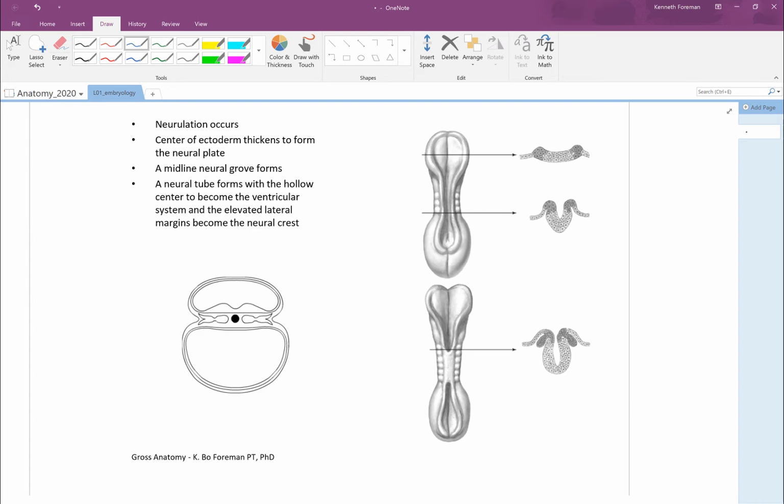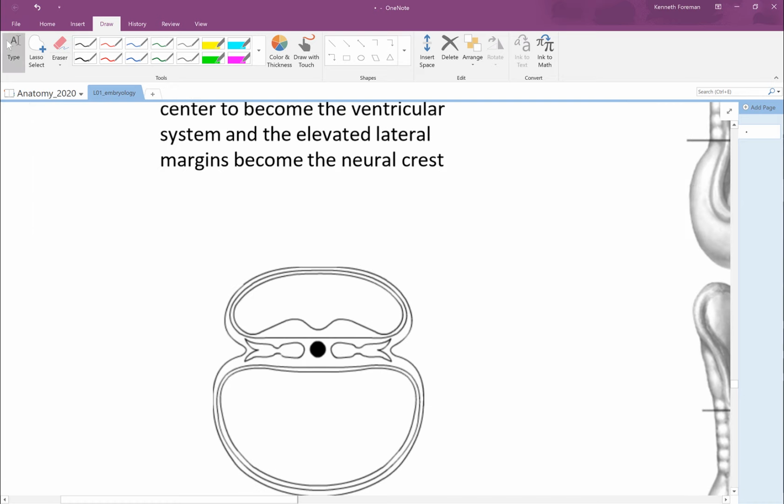And that's what you're seeing right here. We have our ectoderm, our paraxial, intermediate, and lateral plate mesoderm, specifically somatopleuric and splanchnopleuric. And then we have our endoderm.